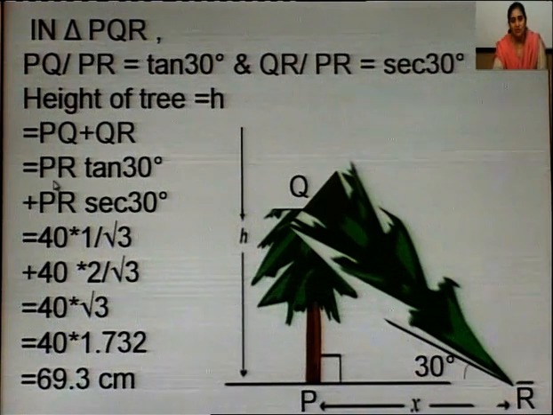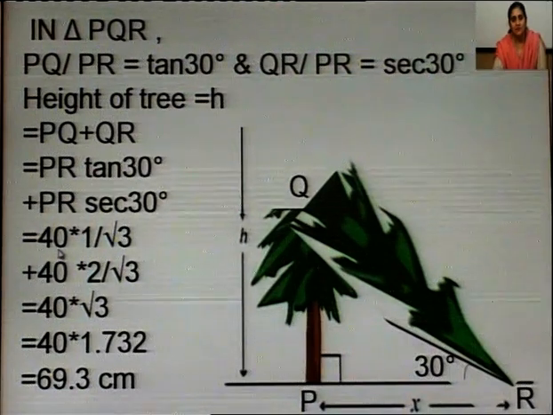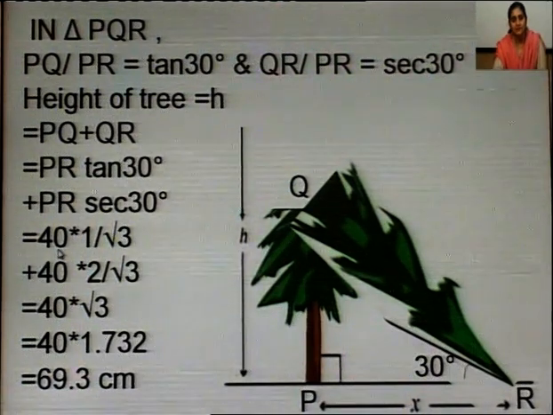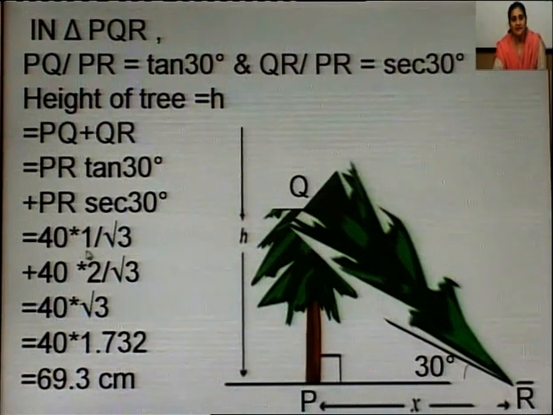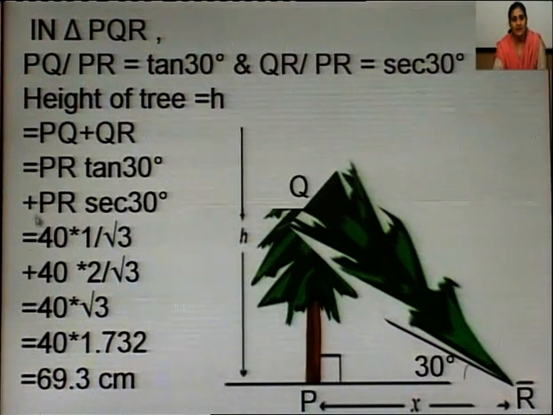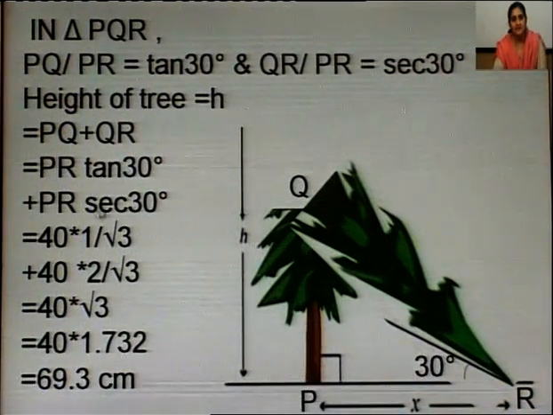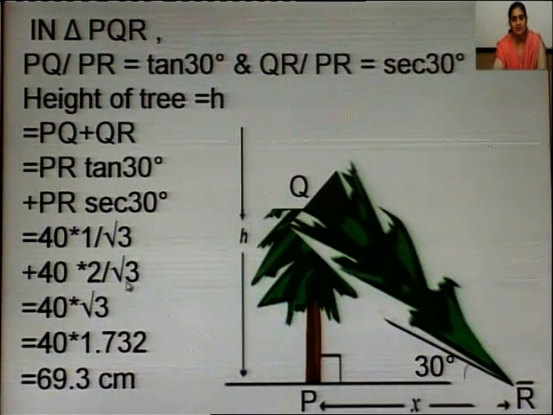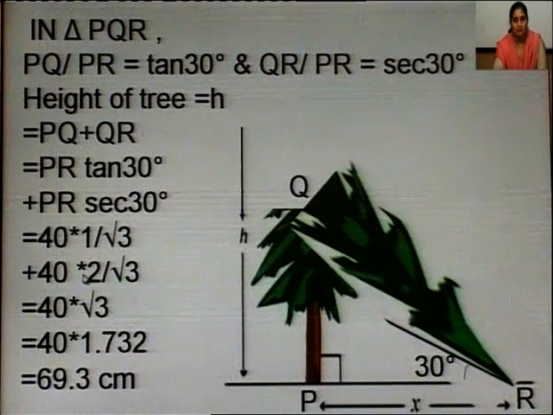And we are given the value of PR. PR is equal to 40 centimeter, and tan 30 degree, put the value of tan 30 degree 1 by square root 3, plus again the value of PR 40 centimeter and secant 30 degree 2 by square root 3, the reciprocal of cos 30 degree, that is square root 3 by 2.